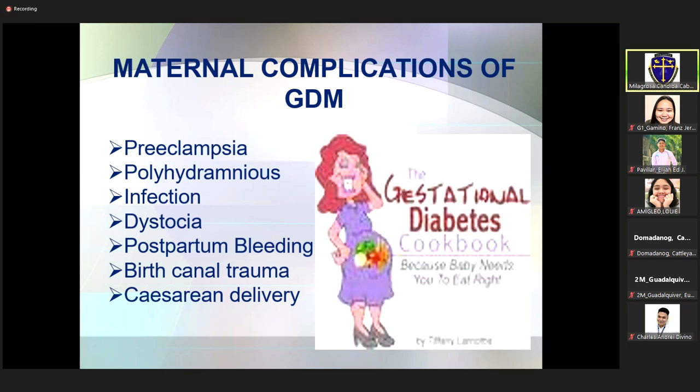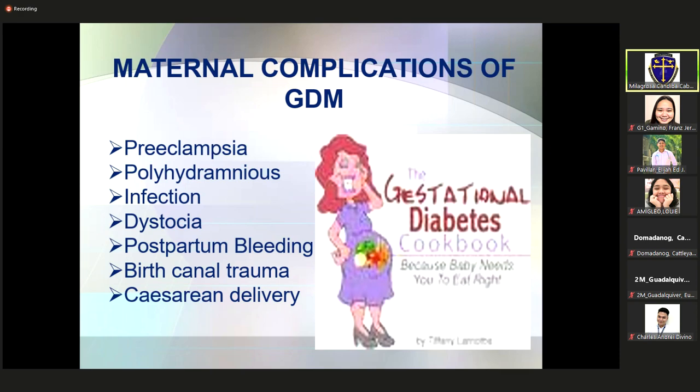Gipugos jud og anak si baby na 9-pounder. So the mother might experience some laceration despite na nag-episiotomy tayo during delivery, but the baby is way too big. Kaya nag-lacerate. So the laceration can happen sa cervix, sa anterior or posterior part ng vaginal wall, or even yung ginawa natin na episiotomy can lacerate further until the anus.